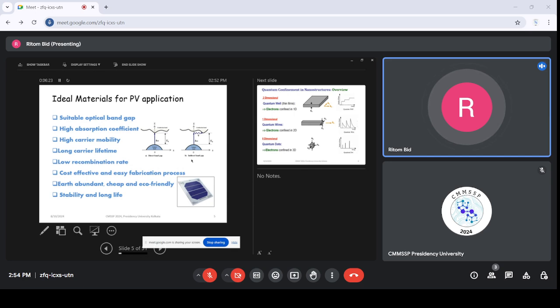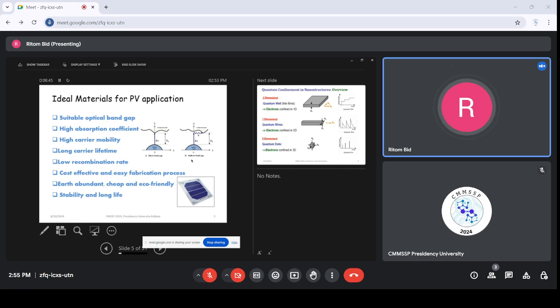And high absorption coefficient: the material must have the capacity to absorb more light with less physical dimension. This is basically the amount of light being absorbed in the material, defined by the absorption coefficient. High carrier mobility: when an electron hole pair generates, it tends to recombine very fast.